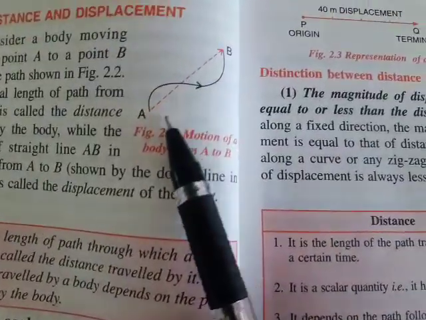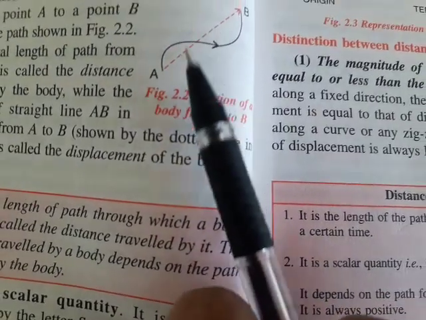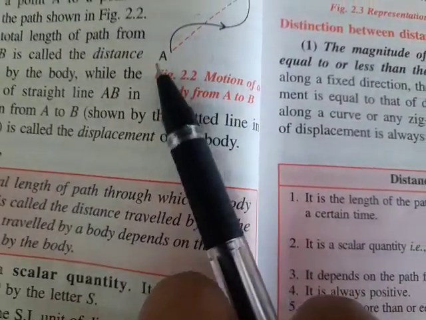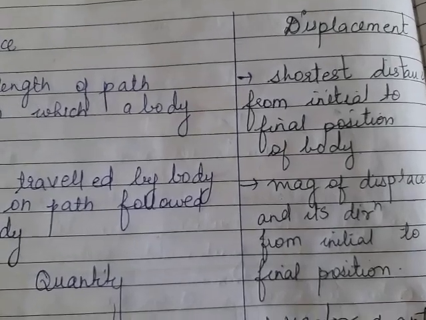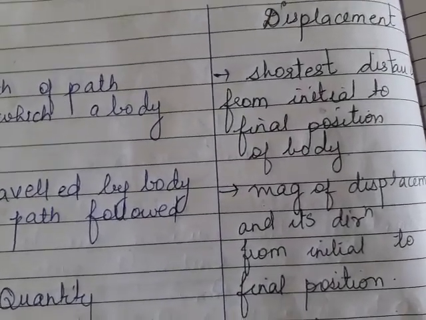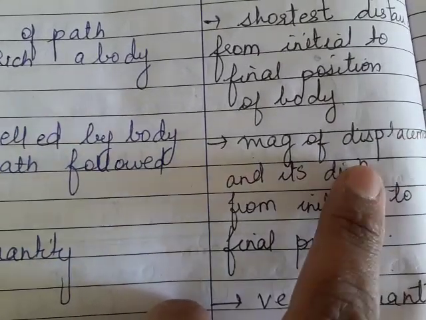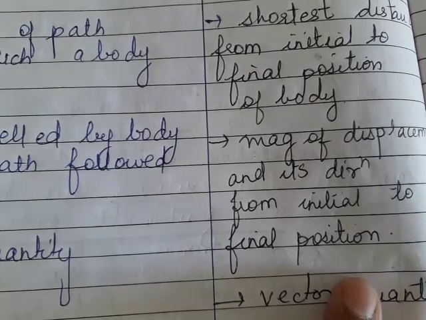It's the shortest distance from initial position to final position, and we say that it is the magnitude of displacement and its direction from initial to final. So displacement requires magnitude and direction, from initial to final position.